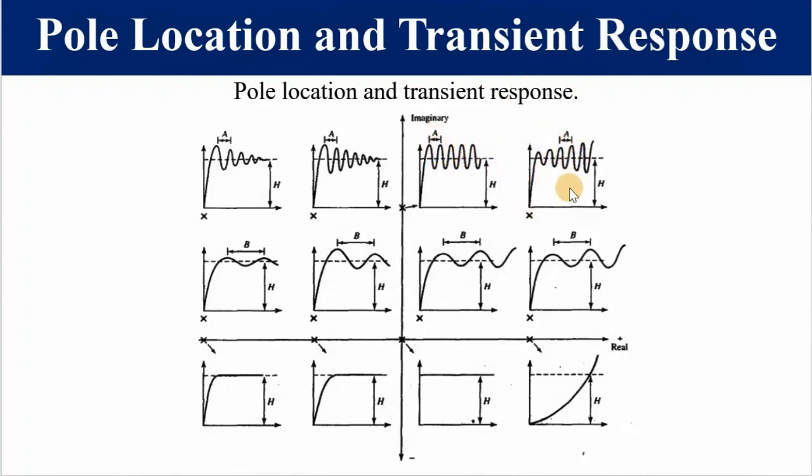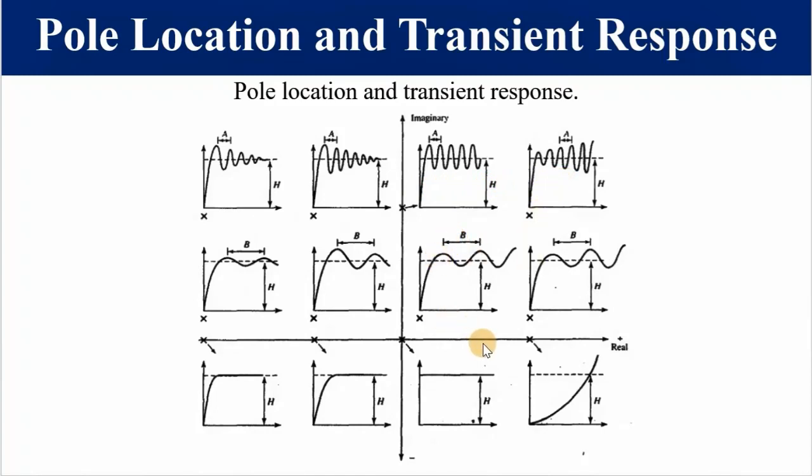And as you can see also, this response is not the wanted response. We don't have the steady state, we don't have stability. As you can see, the output is keeping on increasing until the system crashes. So for the pole to be located on the imaginary axis, it's not a wanted response.